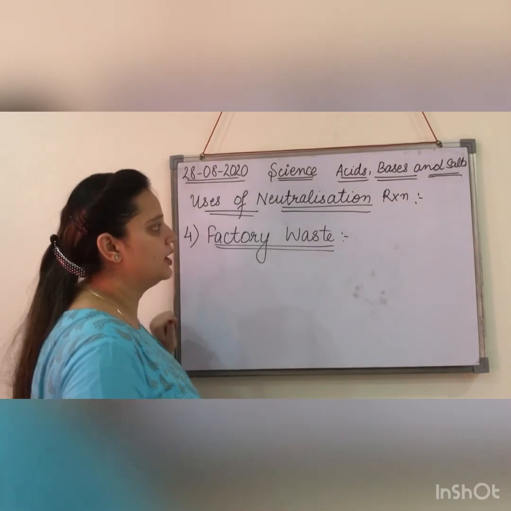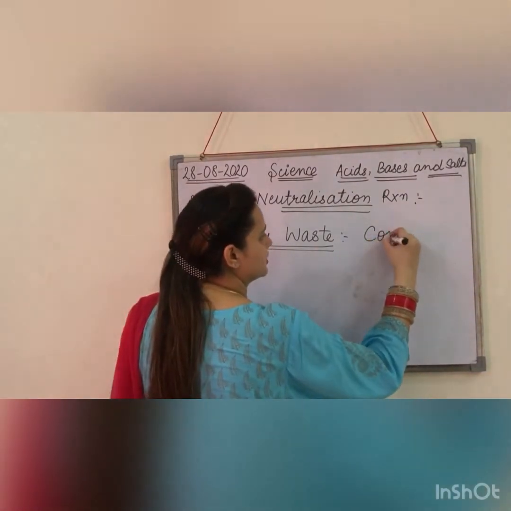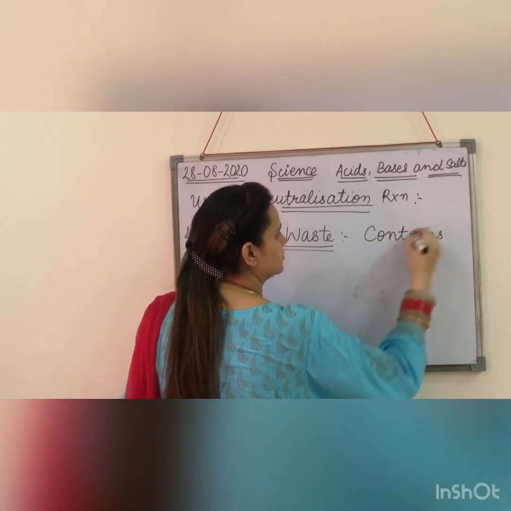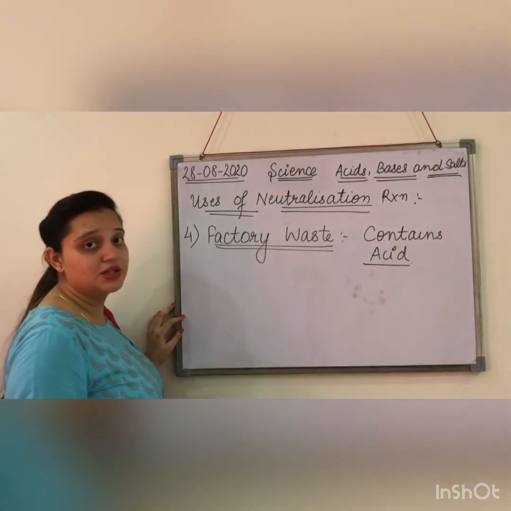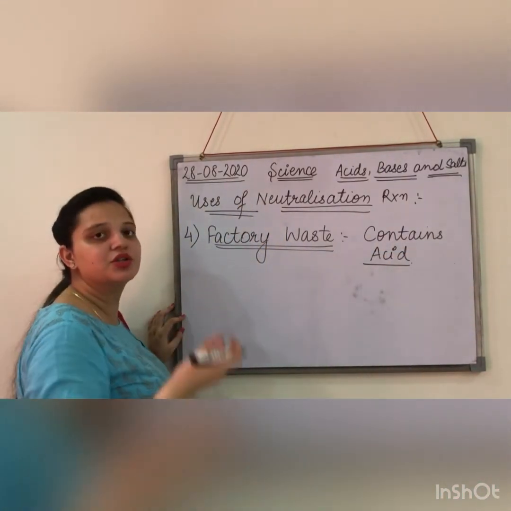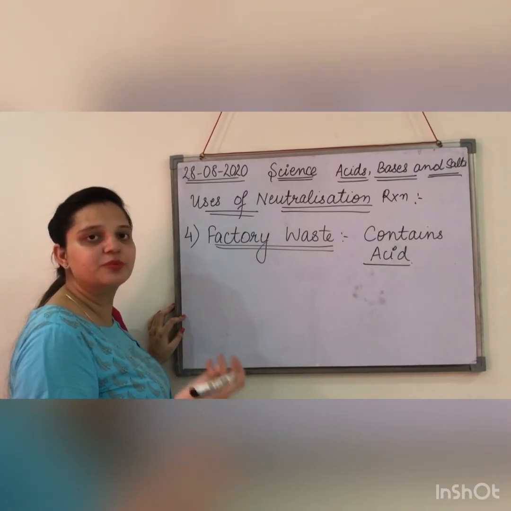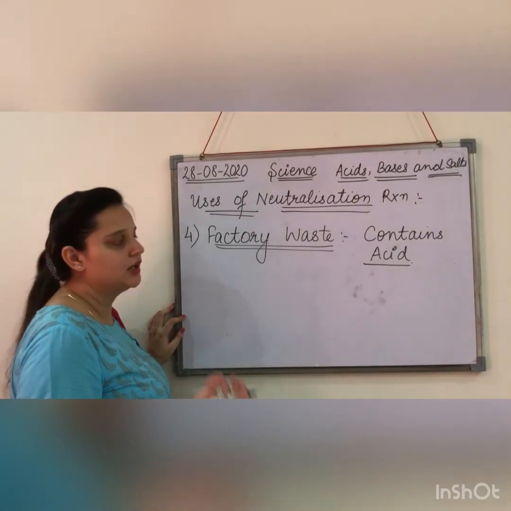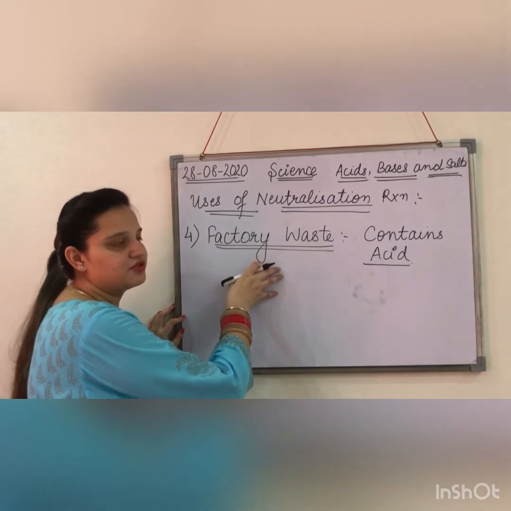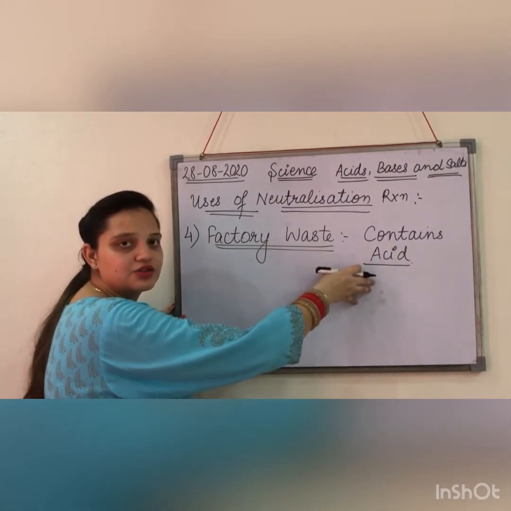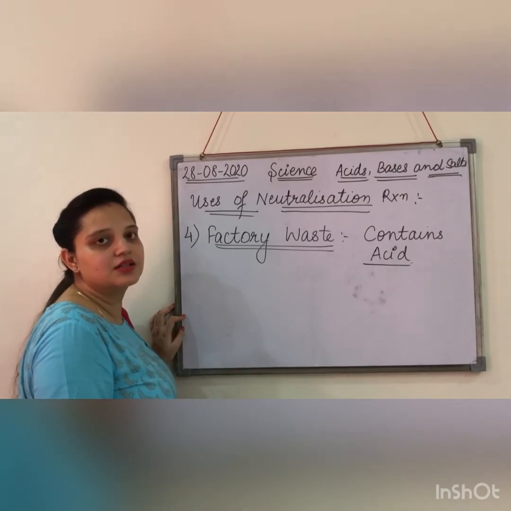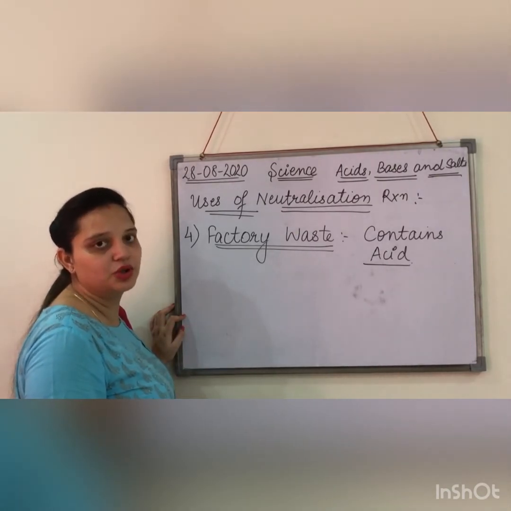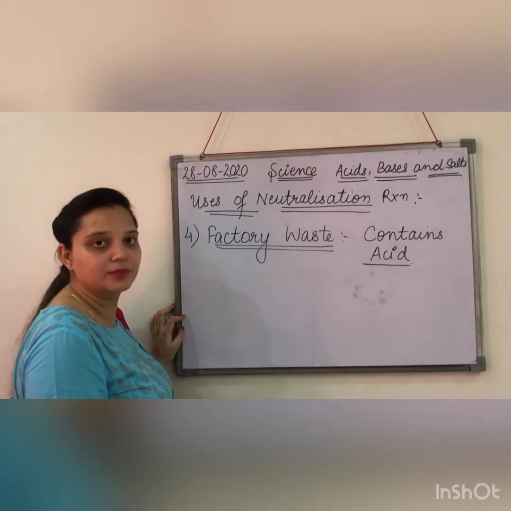Factory waste contains acid. This acid must be neutralized with something before disposing into the water bodies, because if factory waste that is acidic in nature is disposed into the water bodies, this acid may kill the fishes and other living things there, right?